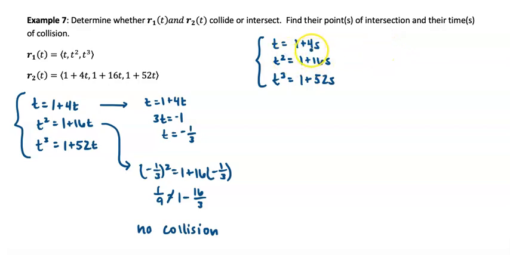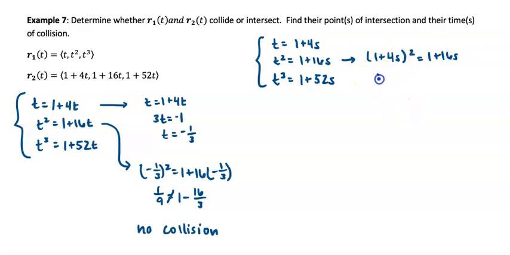Let's solve for t by plugging this value of t into the second equation. If we plug 1 plus 4s into the second equation, we get the quantity 1 plus 4s squared is equal to 1 plus 16s.